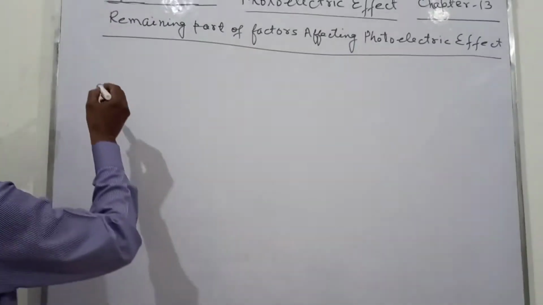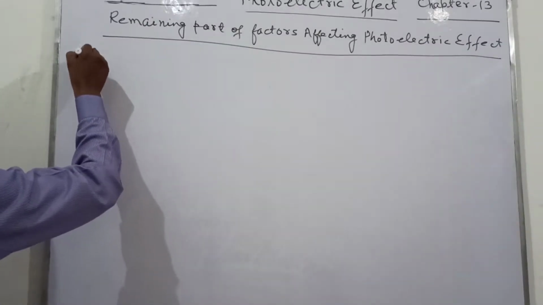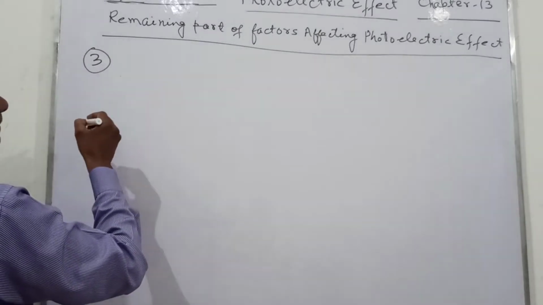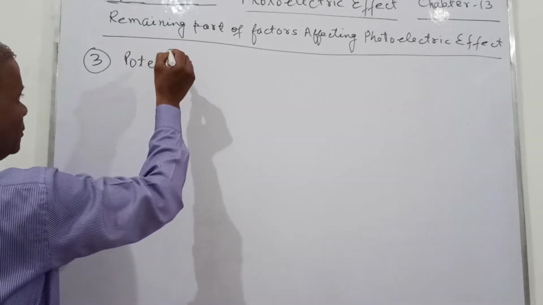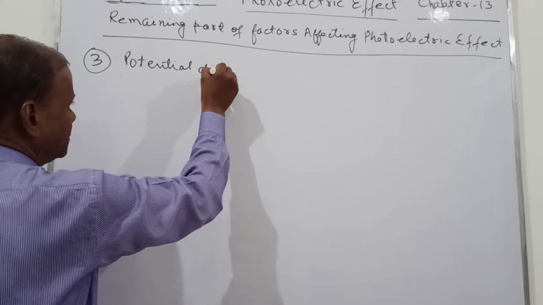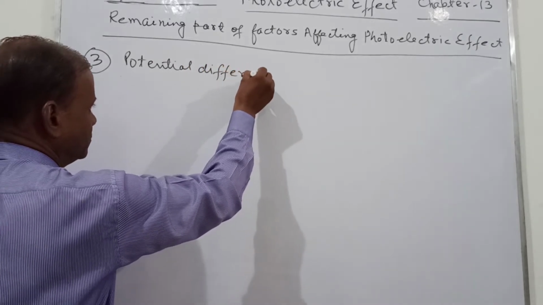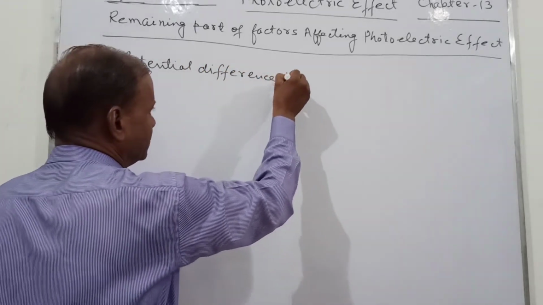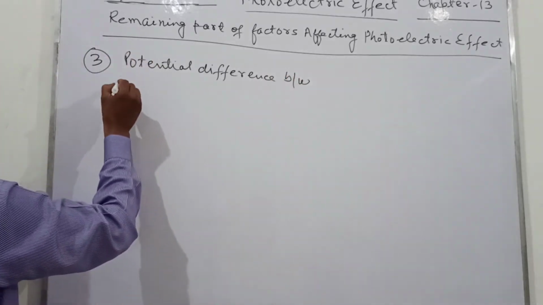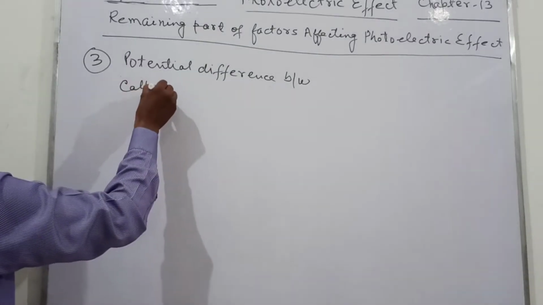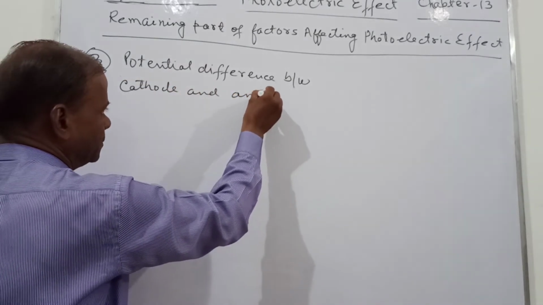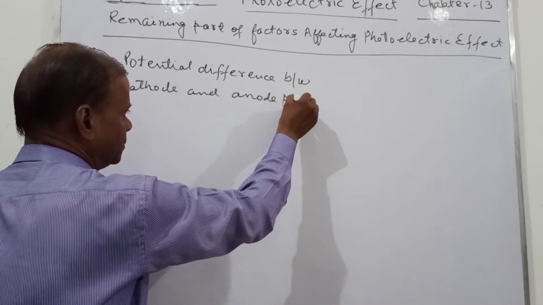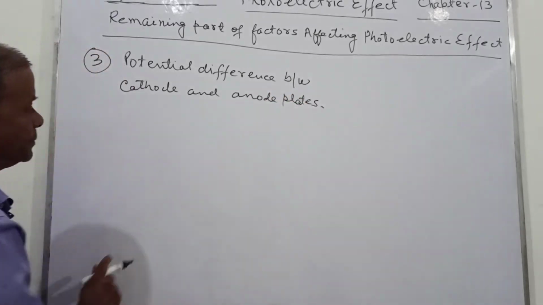So now third factor: potential difference between cathode and anode.